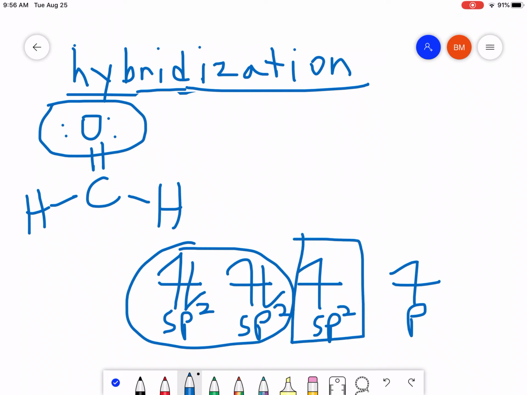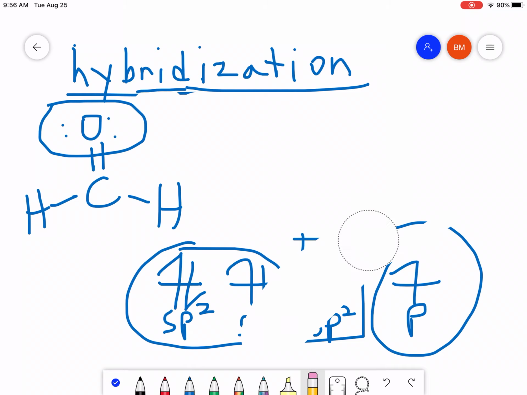So that means oxygen in this case can only make 1 sigma bond. All right? And the 1 sigma bond that oxygen has here is 1/2 of your double bond. We also have 1 electron left over in a p orbital. That is going to be used to form the pi bond portion of your double bond. All right? So that is how sp2 orbitals work.